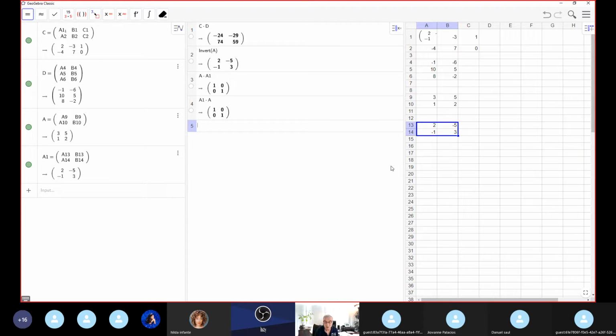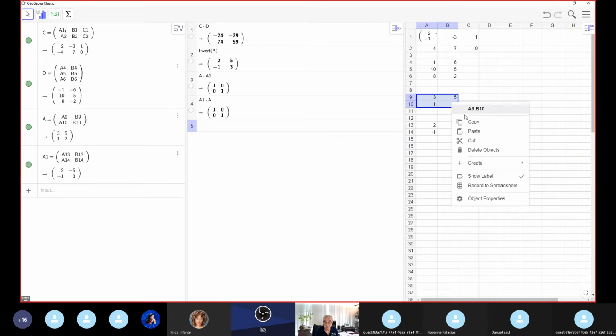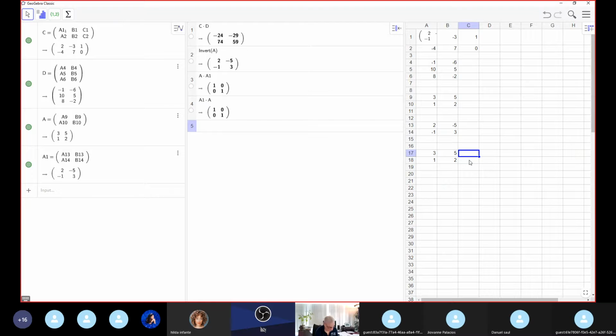Look, let me show you. Suppose now I copy. This is fantastic because you select here and copy, and you select here and paste. It's similar to Excel. And you include here the identity matrix, 1, 0, 0 and 1.